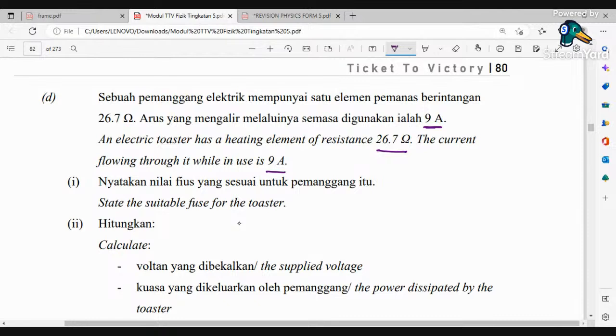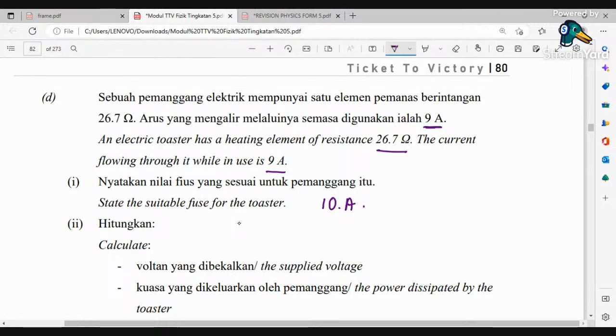Okay, kalau 9 ampere, we must choose which is slightly higher than 9 ampere. So, you boleh suggest lah 10 ampere untuk fuse ni, higher than, a little bit higher.